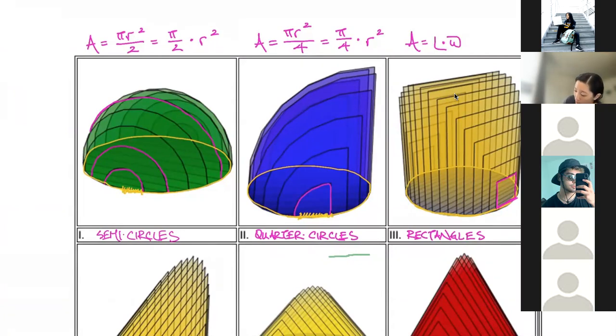And so these things that we outlined in the yellow, like this is the bottom, turns out it's actually the same as this one. Turns out it's actually the same as this one. Okay, so all three of these have a circular base, but the shape that comes out of this circular base, all of those shapes are different. Okay.